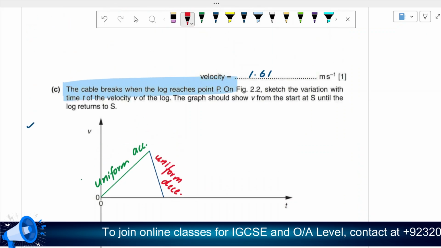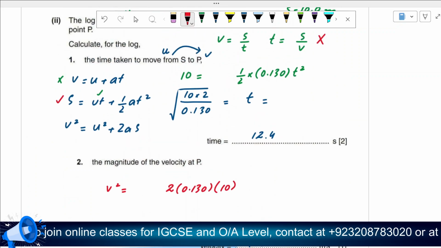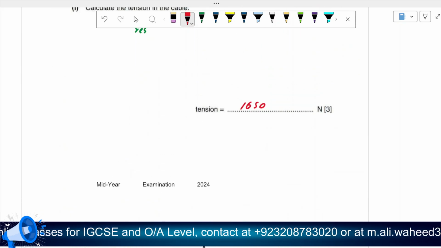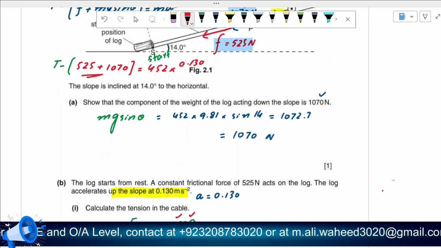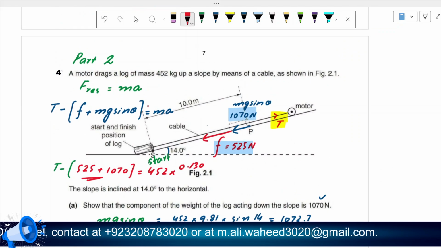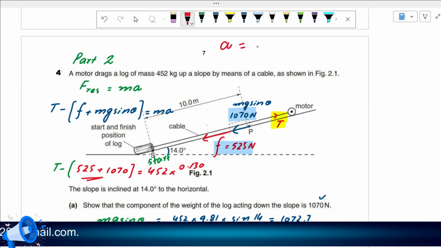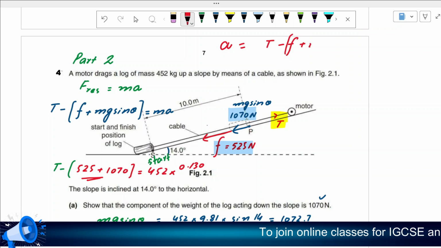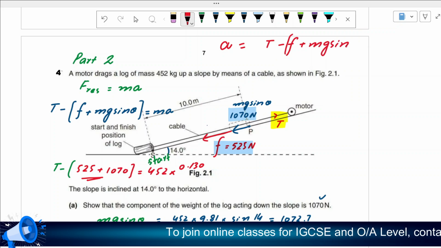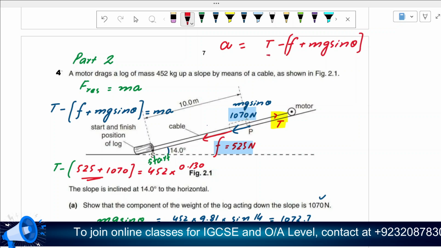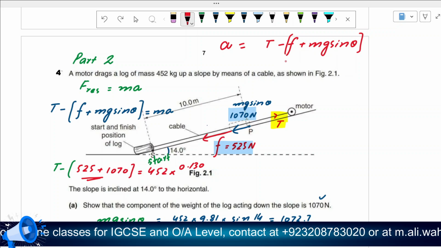How do we know this? Well, you can get back to the expression. The easiest way would be to explain through the expression. You see, acceleration was a equals, if I rearrange for acceleration, T minus F plus mg sine theta, divided by mass. This is what the expression for acceleration is.